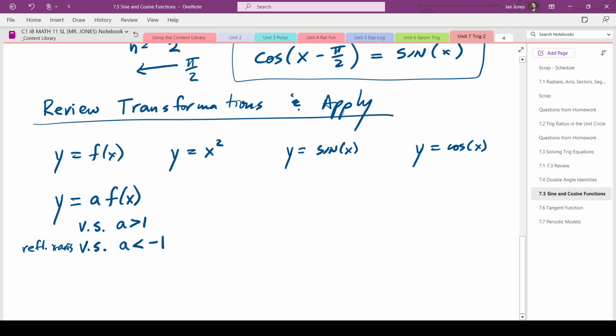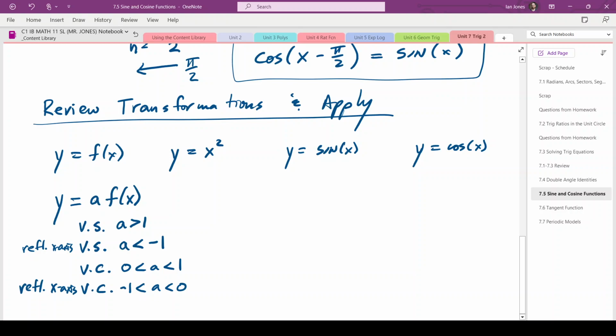It has a vertical compression if a is between 0 and 1. And we have a vertical compression plus a reflection in the x-axis if we have a between -1 and 0.